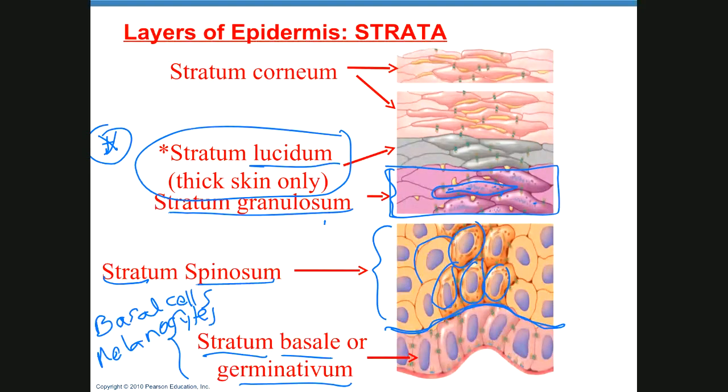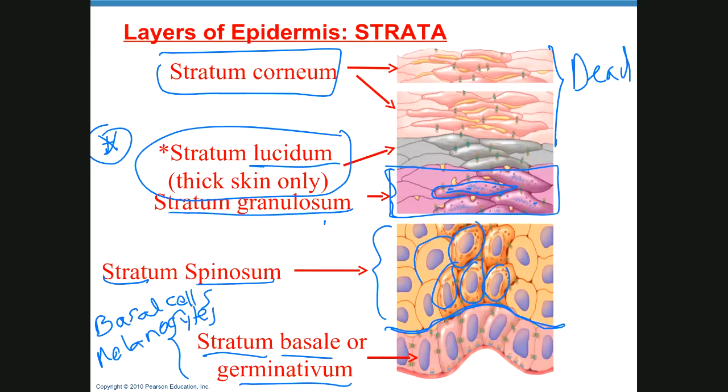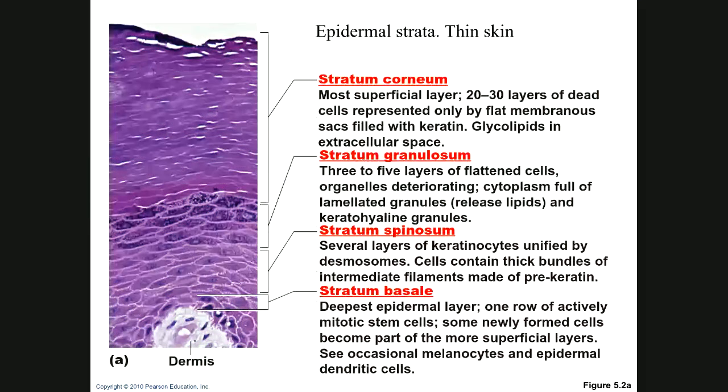Think of the corns of the feet, because the corns of the feet have thick layers of the stratum corneum. These are dead cells. These cells are filled with keratin, and they look more like fibers than they look like cells. So again, we're going to go over these strata.